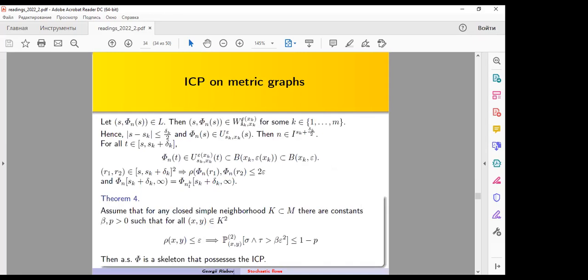Okay, and the condition of Evans, Morris, and Sen for metric graphs looks like this. Kappa is 1 and alpha is 2.